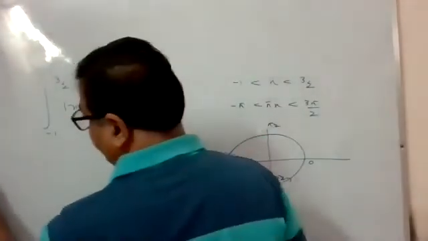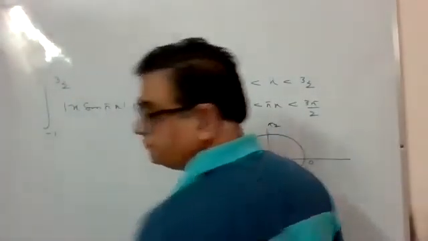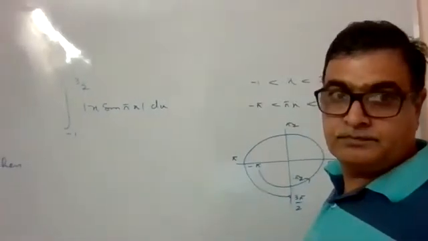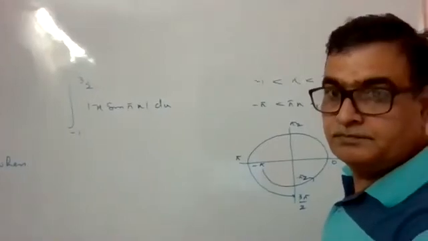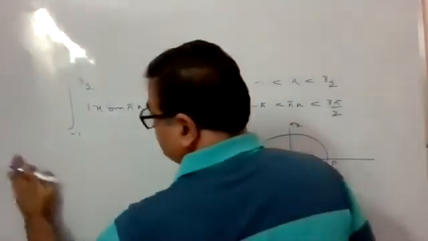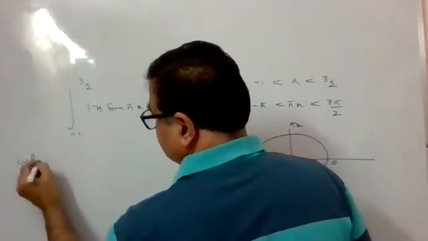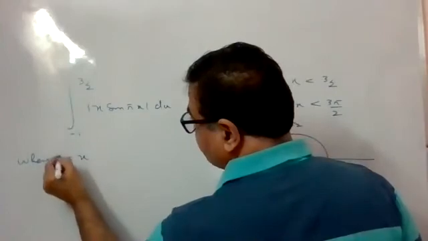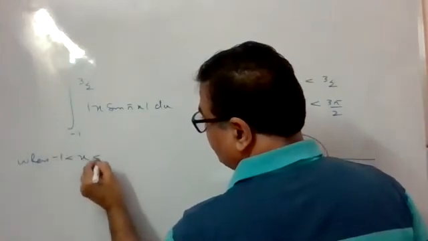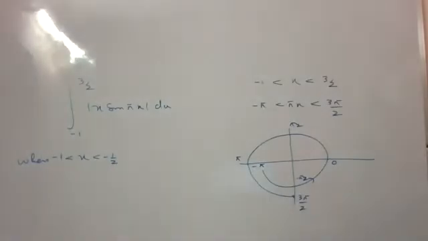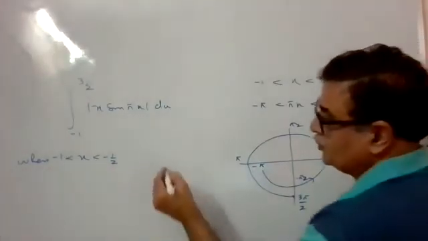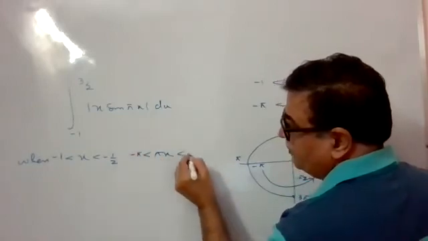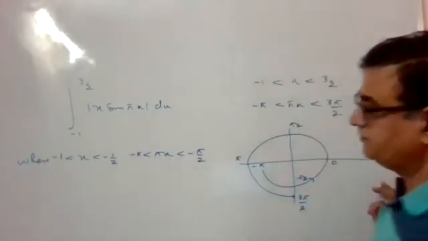So we will say when x is between -1 to -half, then pi x is between -pi to -pi by 2.